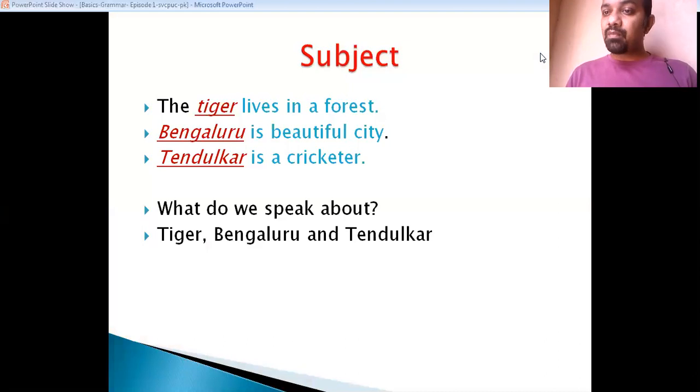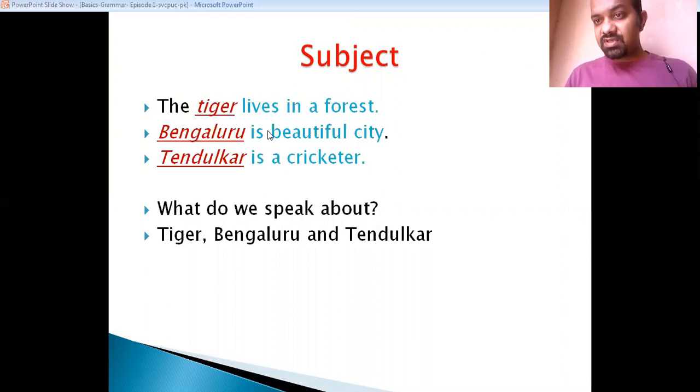Let us see some examples then to understand it better. The tiger lives in a forest. Here, the tiger is a subject. Bengaluru is a beautiful city. The article is missing here.